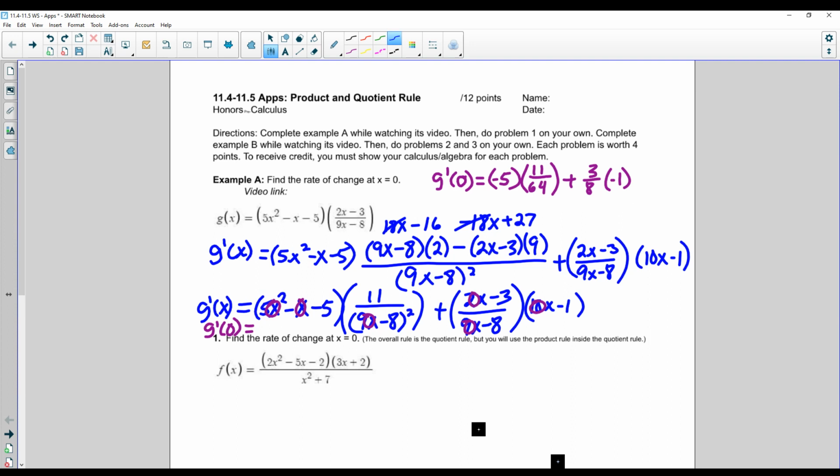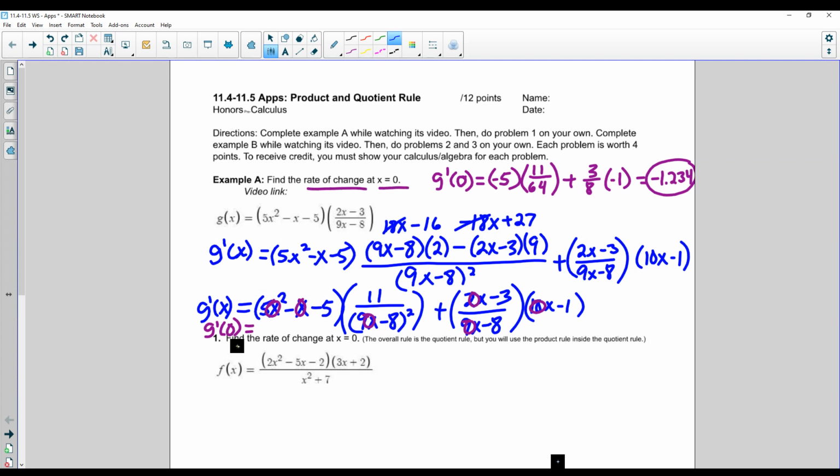And then all I have to do is put that together. When I put that together, I get negative 1.234. That's kind of a cool number. And that is my rate of change, my derivative, at 0.